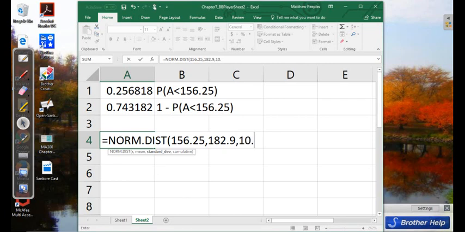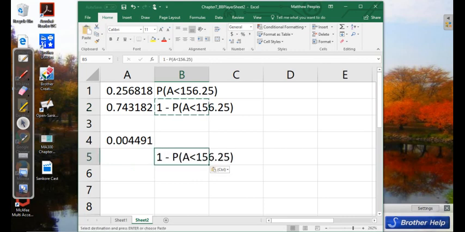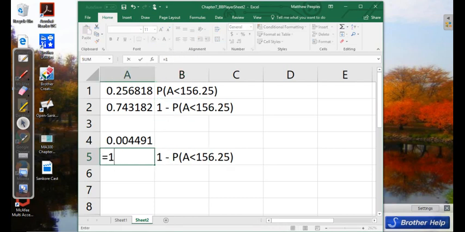That's 10.2 pounds, and we pick true because we want the cumulative distribution. Ooh, much smaller chance of getting something less than that. Of course, we want the probability that A is greater than, so we're going to take 1 minus that probability.